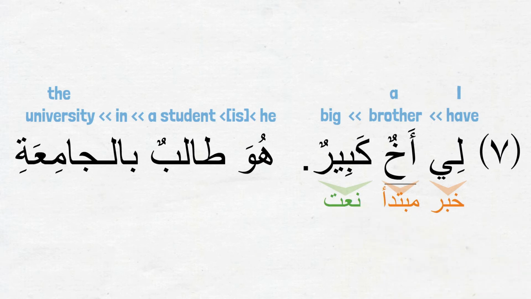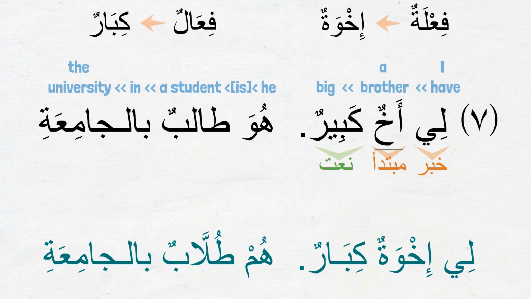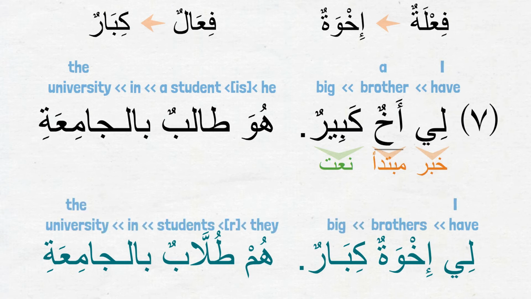So we need to convert both of them to الجمع. The plural of أخ is إخوة, following the pattern فعلة. And we talked about the plural of كبير earlier, which is كبار. So the plural version is لي إخوة كبار هم طلاب بالجامعة. I have big brothers. They are students in the university.